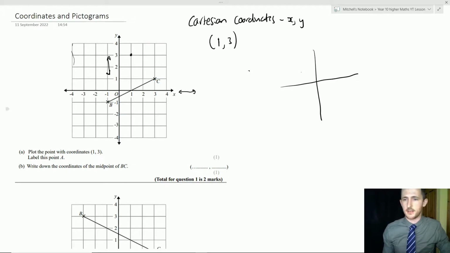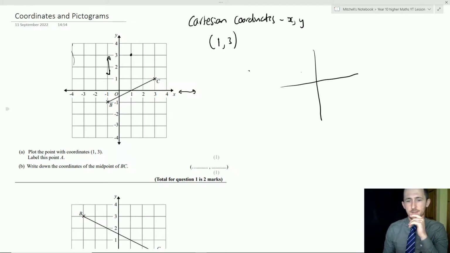Just as a recollection, every point is made up of an x, y value. It's a pair of values. The x tells you how far left and right you are, the y value tells you how far up and down you are. So if we look at this point here, left to right, we're 1 across and we're 3 up.